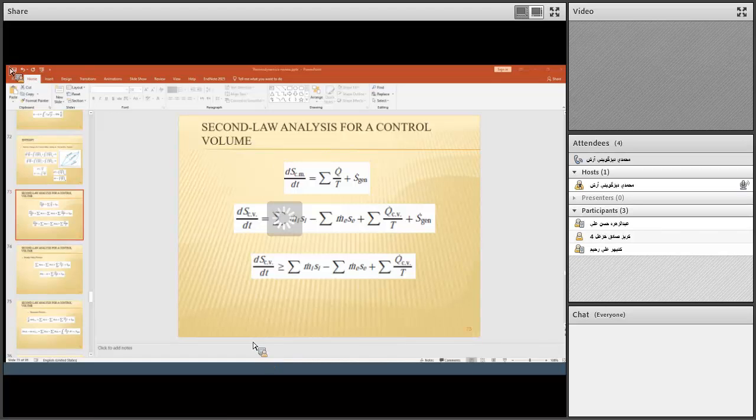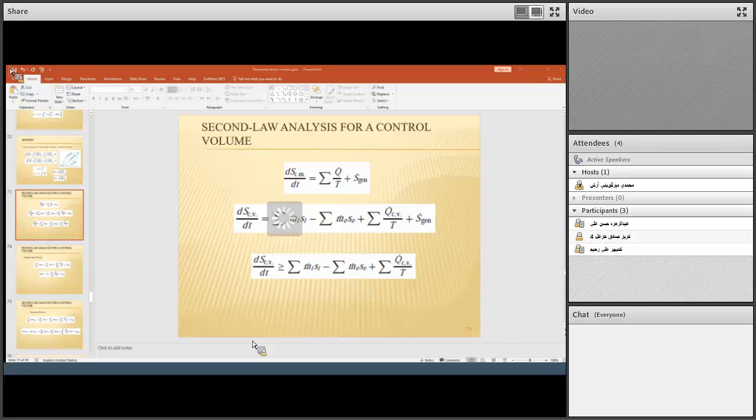We review the second law of thermodynamics for control volume. If you see the equation, the first equation is for rate of entropy inside a control mass.